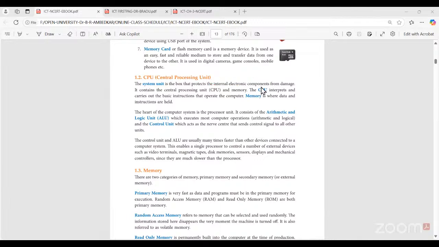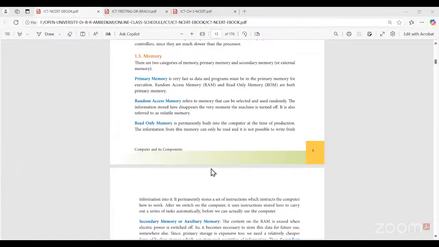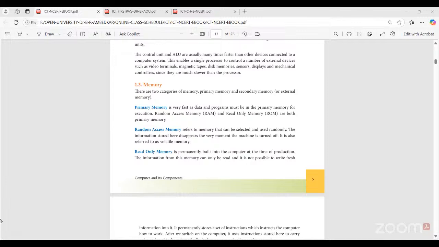Now inside the CPU, what kind of internal components are there? We will understand very few components. We can't understand every component inside the CPU. So one component is memory.